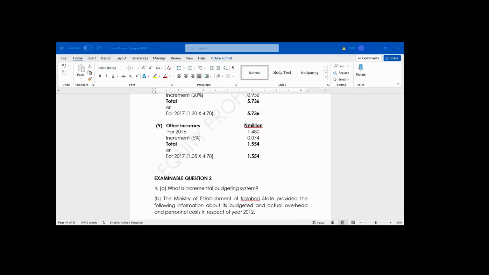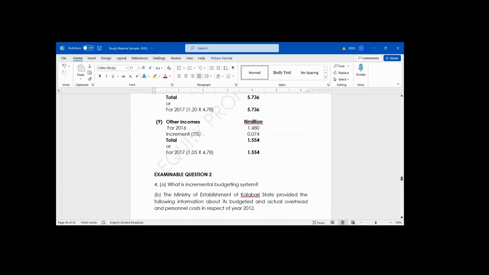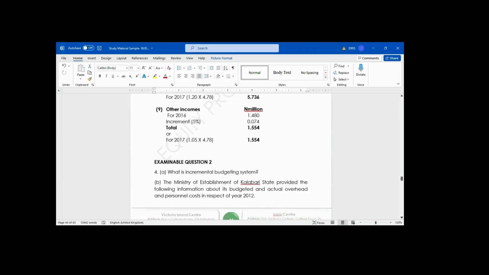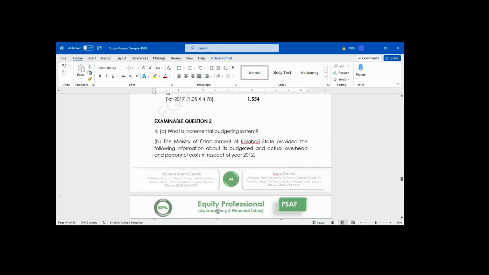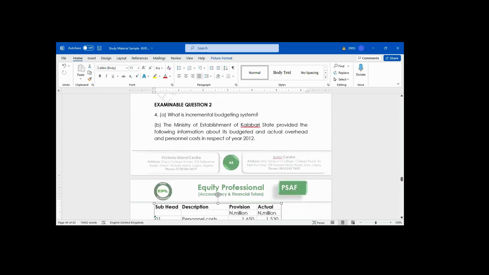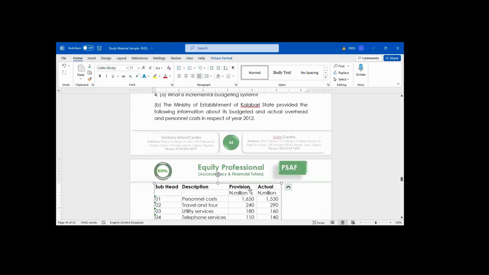The examiner is now asking us to use this 2012 budget to prepare the 2013 budget. We are given provision, which means the budget of 2012, and actual, which means the actual result of 2012.